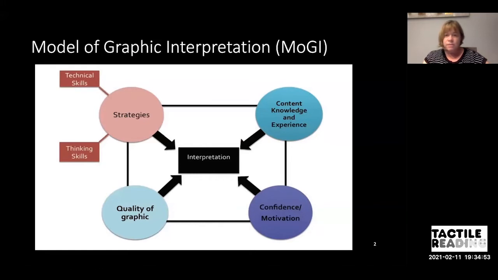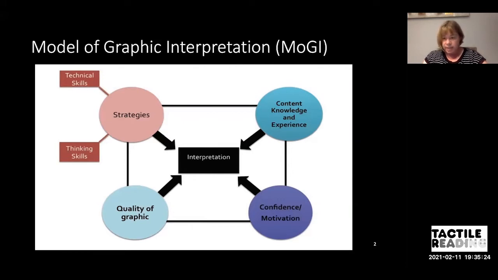Basically what this graphic shows is that effective interpretation of graphics, such as tactile graphics, is dependent on the interrelation between these components: content knowledge and experience that the student has, their confidence and their motivation in using graphics, the quality of the graphic itself, such as how it's produced, and then the strategies that they engage while looking at graphics to extract information.